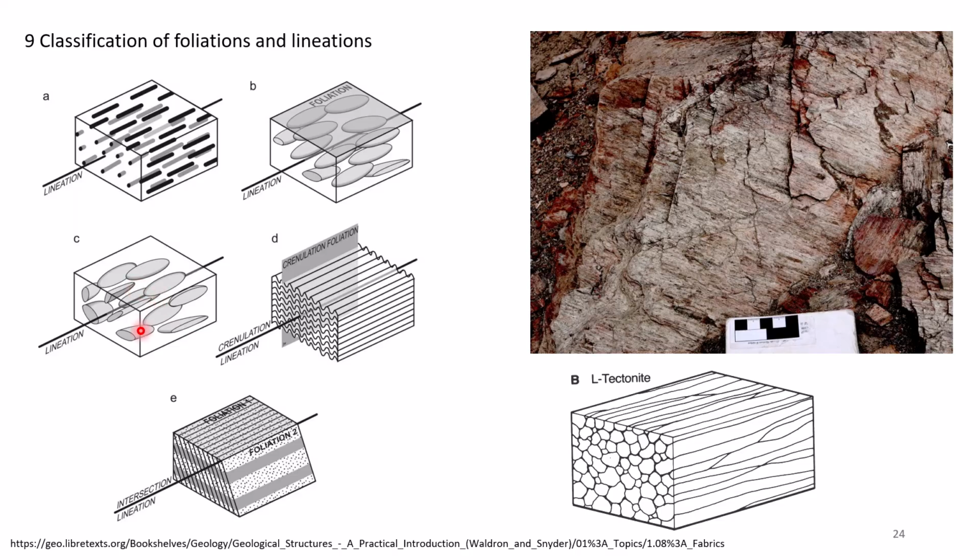A similar feature is seen here, only that the lenses do not show a preferred orientation with their intermediate axis, but the longest axis is still well aligned with a uniform linear orientation. Intersection lineations are shown down here. Simply the intersection of one surface on the other. For instance, the foliation that we see here is visible as a trace on the front of this block, which could be a joint, for instance.